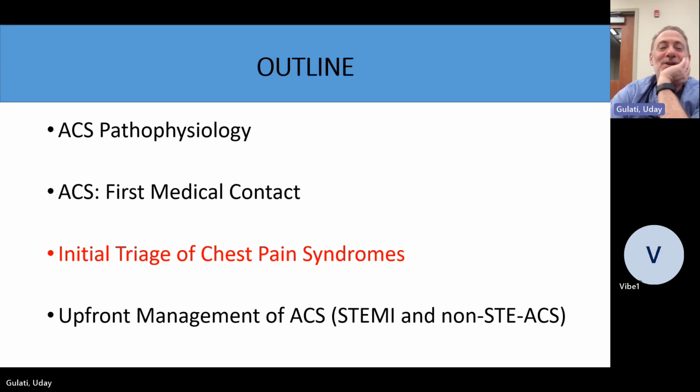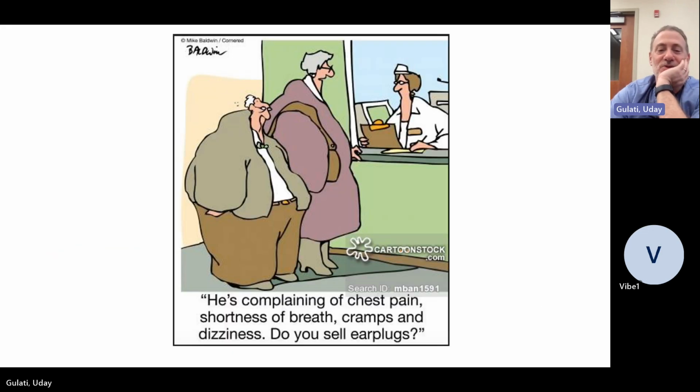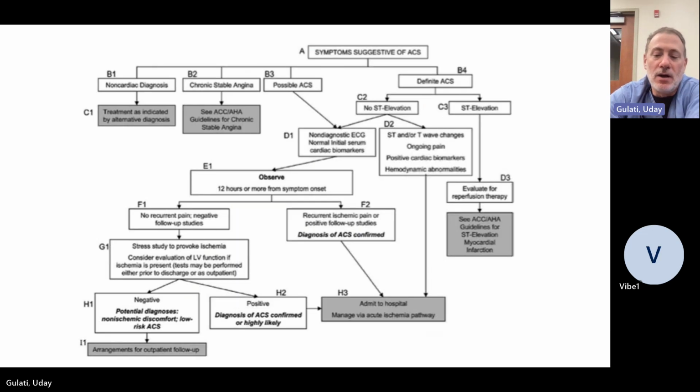All right. Let's talk about the initial triage of chest pain syndromes. You guys don't get as much of this in the ICU, thank God, but this is a typical day in the ER and a typical day in the observation unit, right? Complaining of chest pain, shortness of breath, cramps, and dizziness. Do you sell earplugs? I don't blame her, honestly.